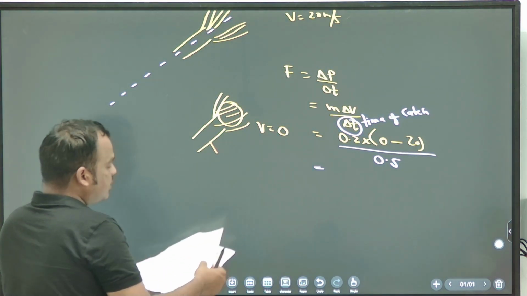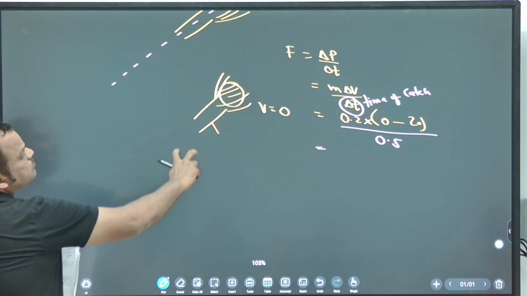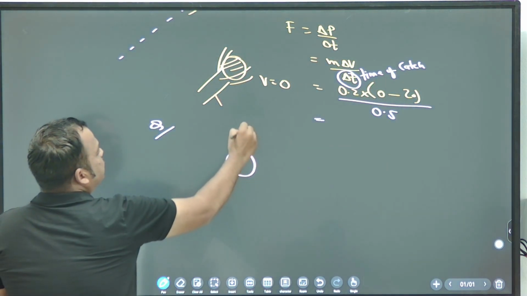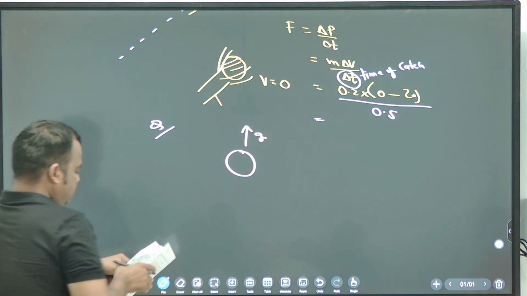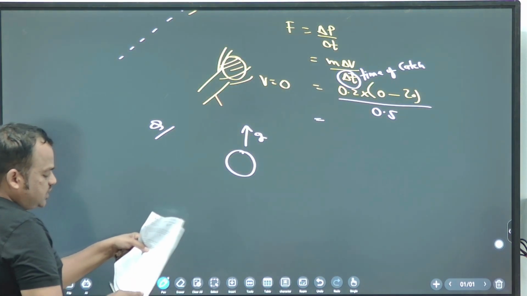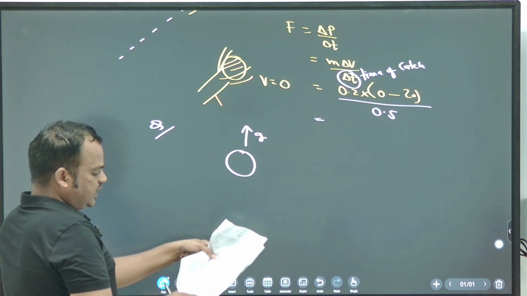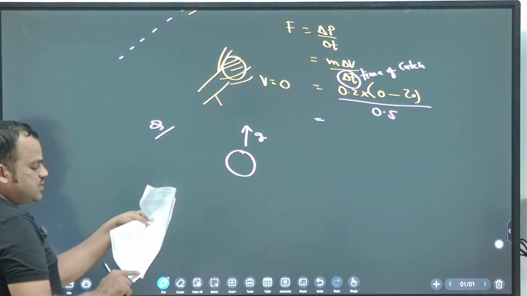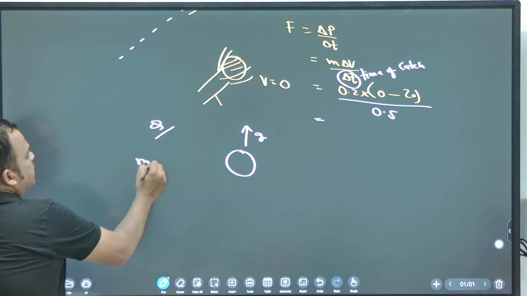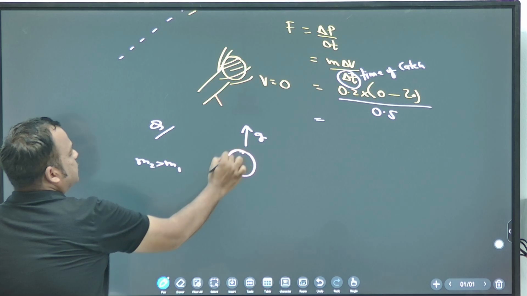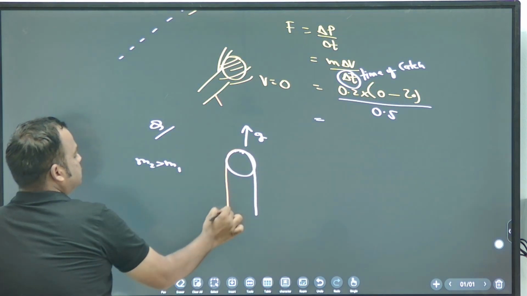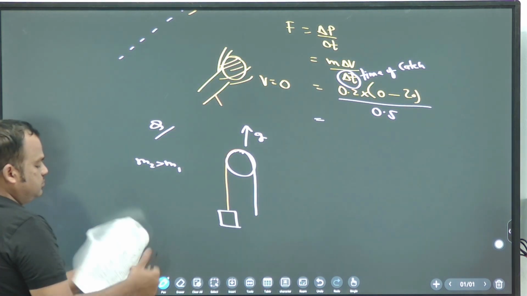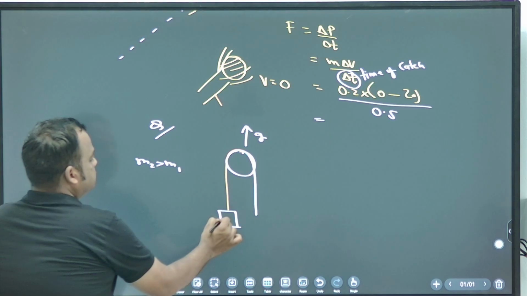Okay, 8th question clear? Any doubt in that? 8th, acceleration of pulley is g. Two masses M1, M2 connected by a light inextensible string. Pulley moves up with acceleration g. M2 greater than M1. Now, this is the string. Here you have connected M1.